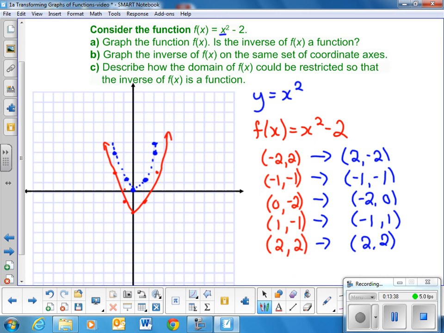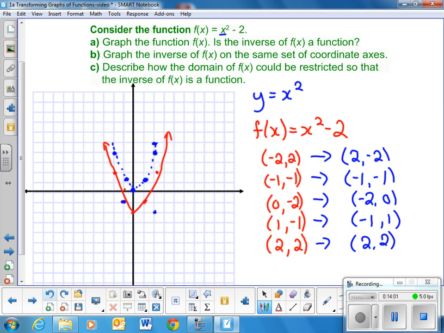Let's graph that inverse. 2 and -2. -1, -1. That's not the right spot. Let's undo that. -1, -1.